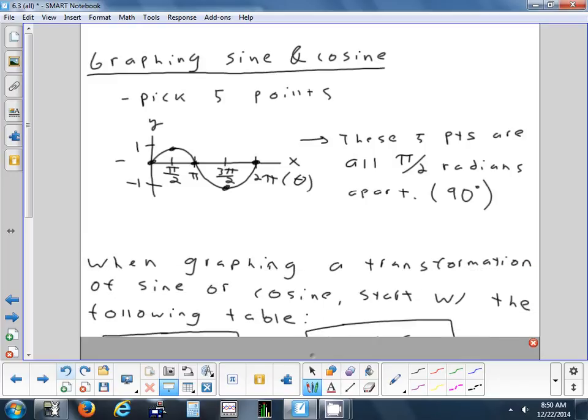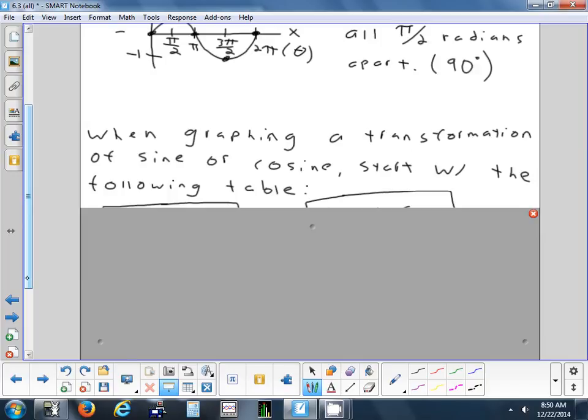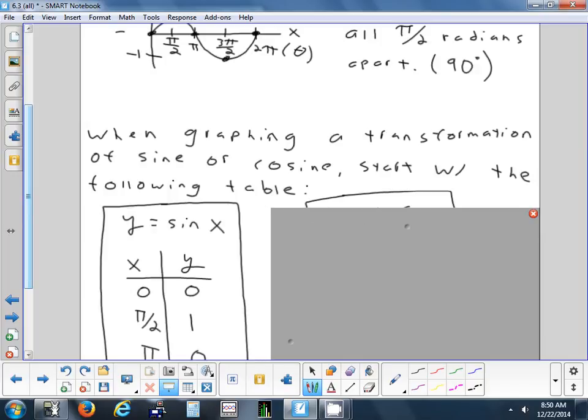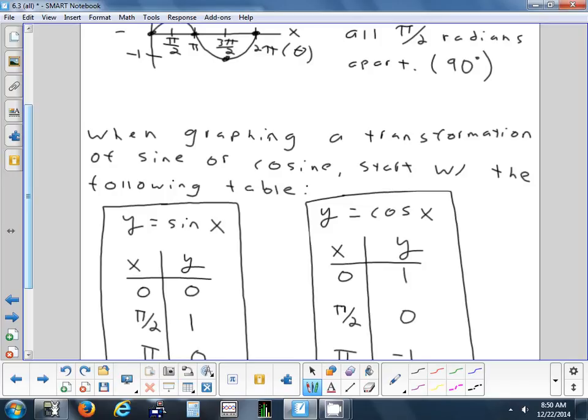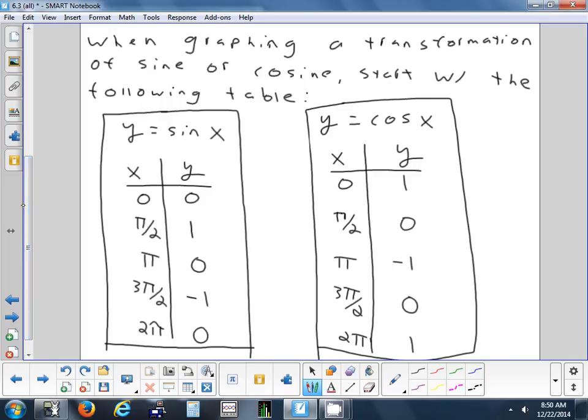Let's go to table. All right, so if you type in 0 for x, that's where you get 0 for y. If you type in pi over 2, if you remember from unit circle trig, sine was your y value. So when we get to 90 degrees on our unit circle, the y value is as high as it's going to go.